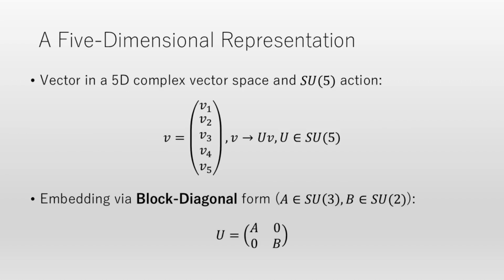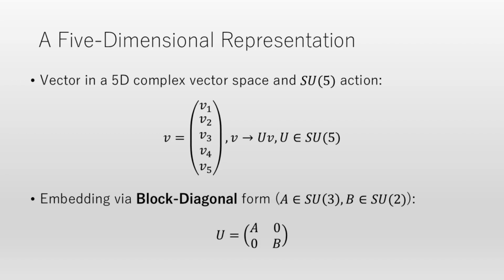To understand what the embedding into SU(5) means, consider a 5-dimensional complex vector space. A vector V in this space can be written as a 5-component column vector. An element U in SU(5) acts on this vector through matrix multiplication: V goes to UV. Now consider matrices of the block diagonal form, where A is in SU(3) and B is in SU(2).